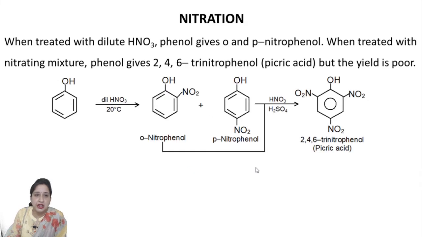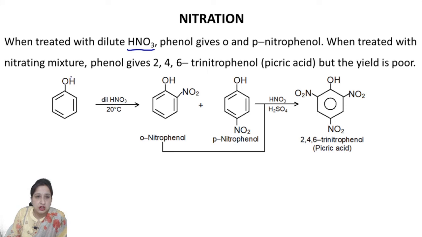Next is your nitration reaction. When phenol is treated with dilute nitric acid, it gives ortho and para nitrophenols as the main products, which on further treatment with nitric acid in the presence of sulfuric acid can give tri-substituted product known as picric acid.